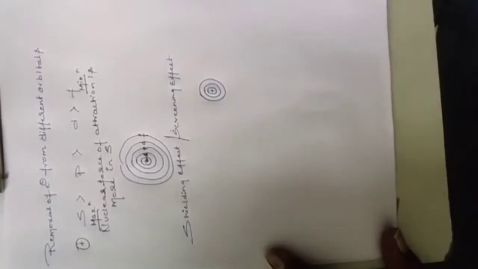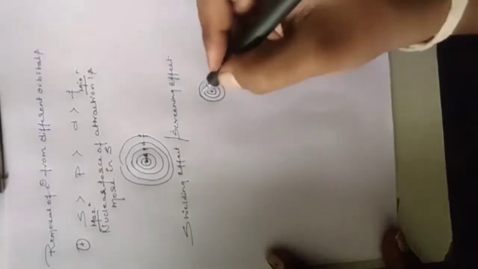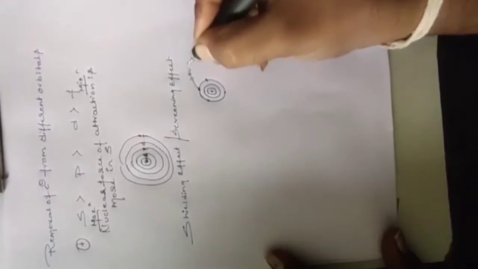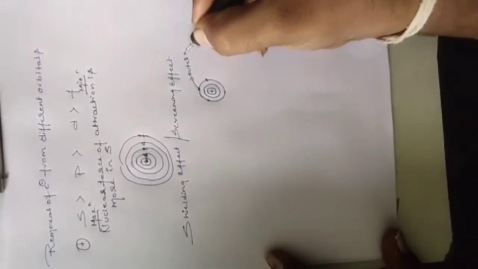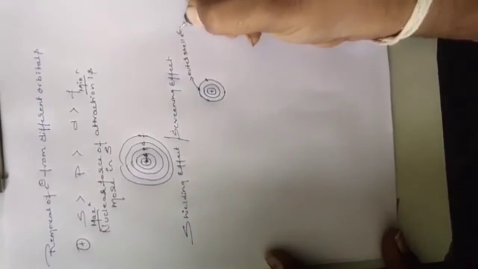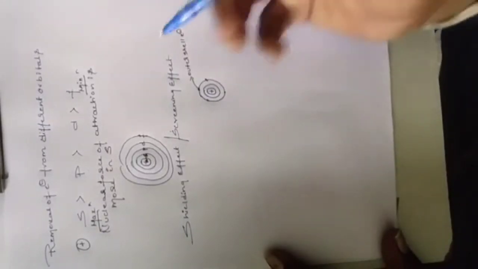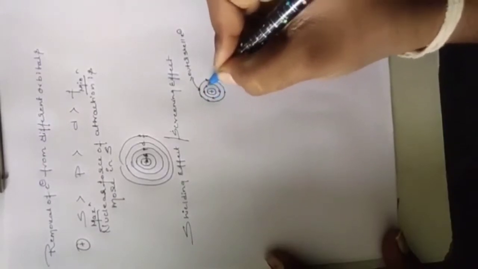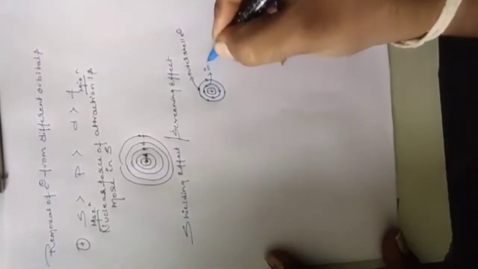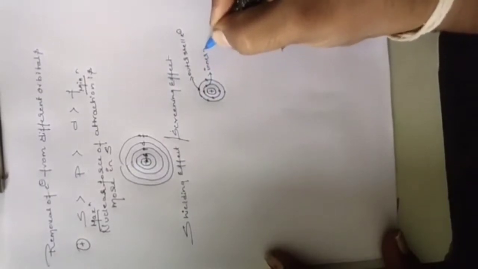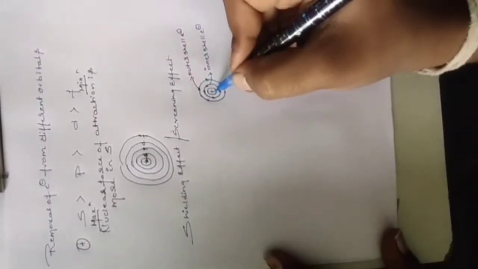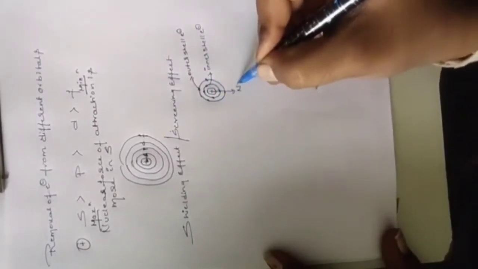These are the outer shell electrons, this is the inner shell electrons, and at the center is the nucleus.